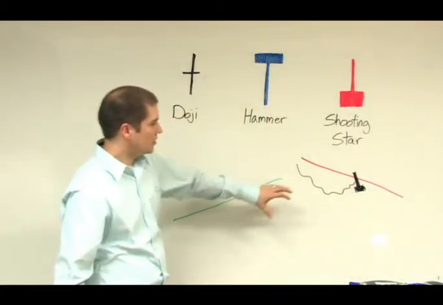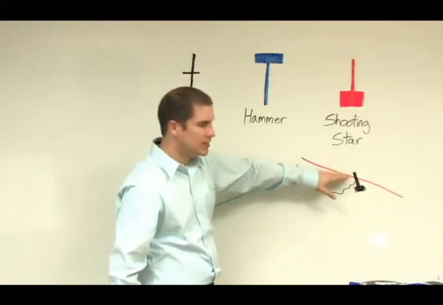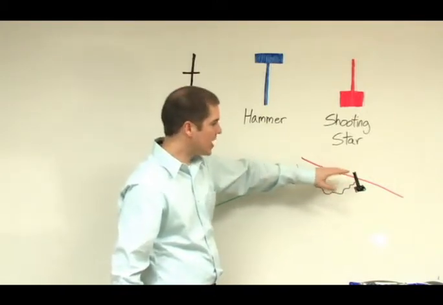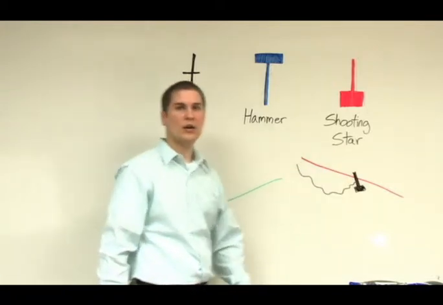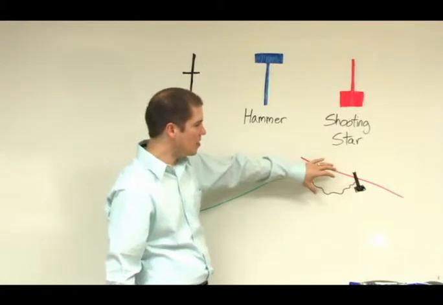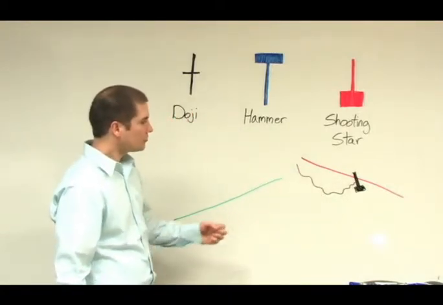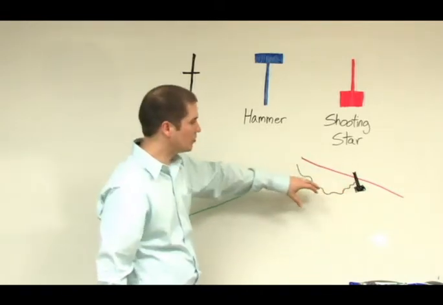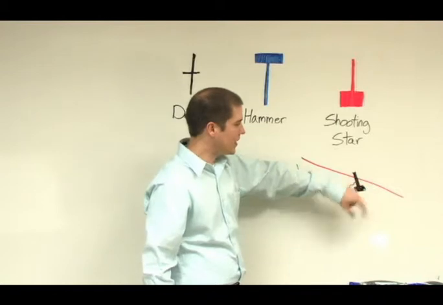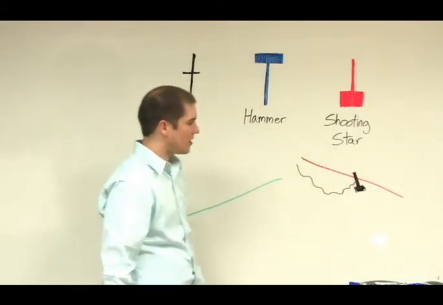In this situation, prices traded up to these levels in the wick, but not for very long. Sellers came in, pushed this down. Perhaps even sellers were looking at a resistance line that is in the same area as what I have right there. And so if I feel really good about the direction of the trade or the possible trend, then I'll go ahead and enter on the next candle and place a stop just above the high of the candle.